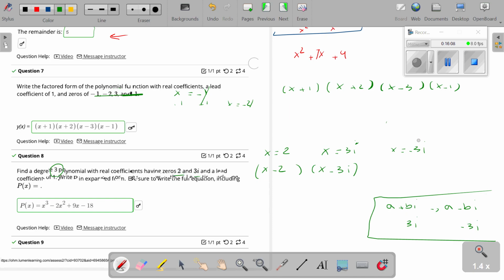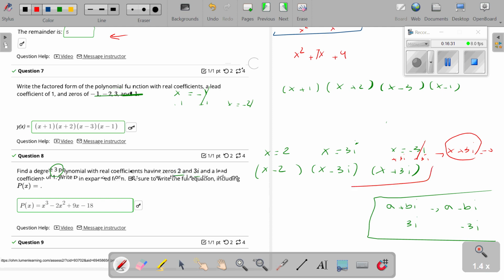So the factor that created this will be x plus 3i, because I move the 3i to the left side. So I add 3i to both sides. So it's going to be x plus 3i equal to 0.